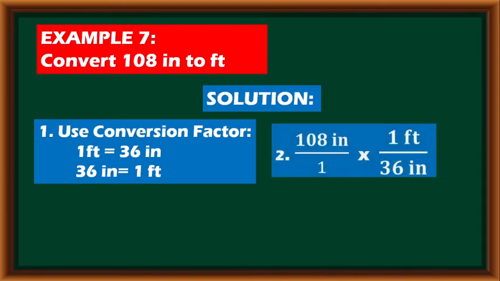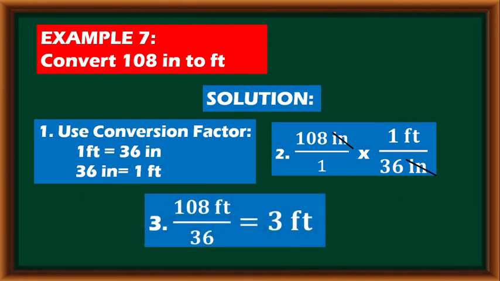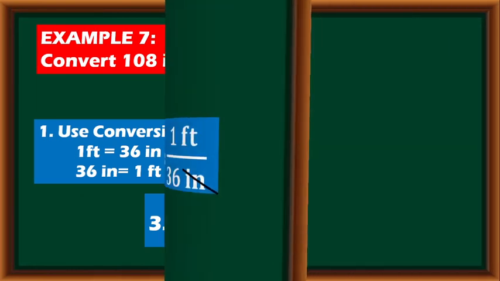From the given quantity, we have 108 inches over 1 times 1 foot over 36 inches. You cancel out inches. Remaining now is 108 times 1 foot divided by 36, and that is 3. Your final answer is 3 feet.